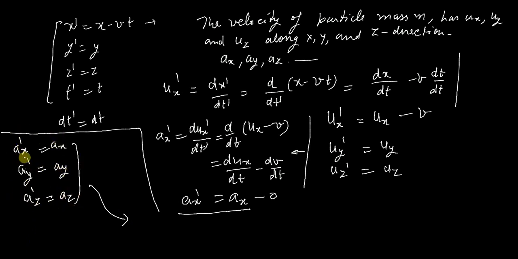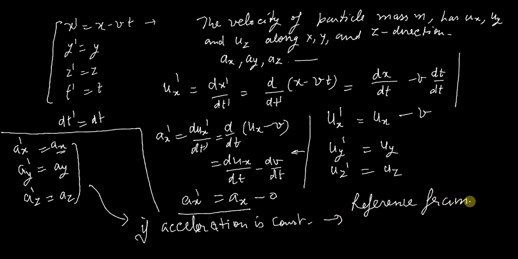The particle moving in the S prime frame has the same acceleration as in the S unprimed frame. If acceleration is the same, it means both reference frames are inertial. This is the conclusion of the Galilean transformation.